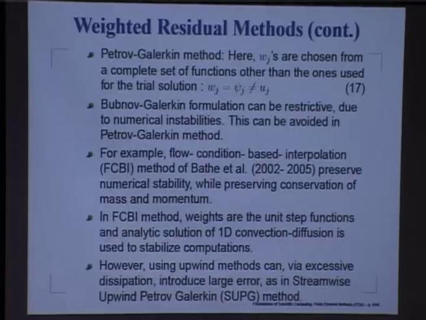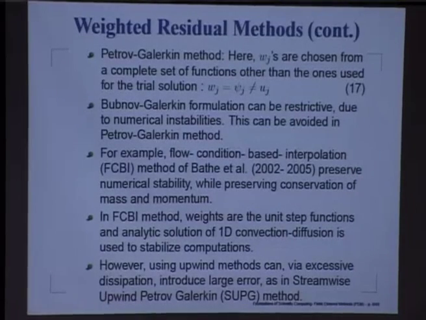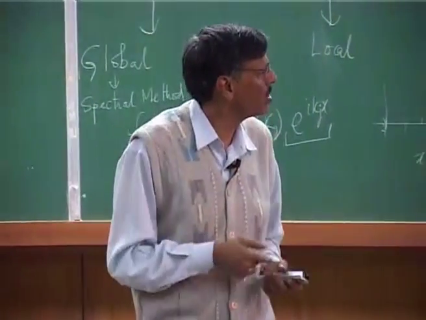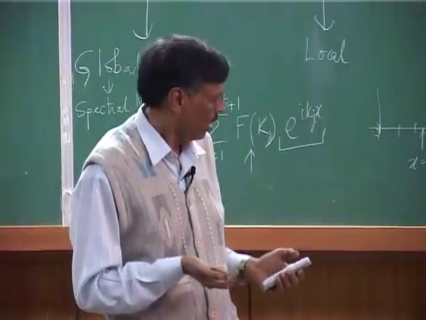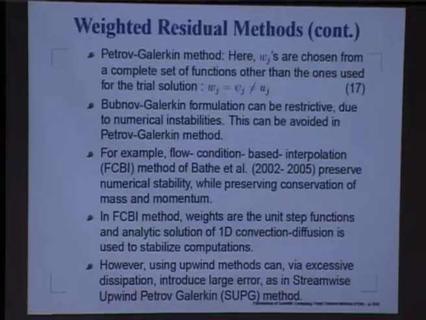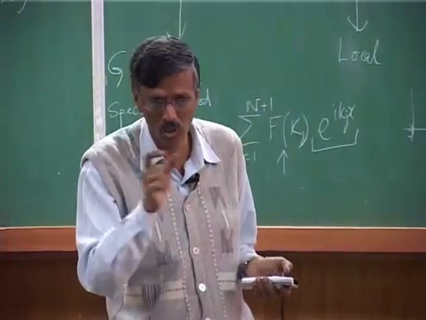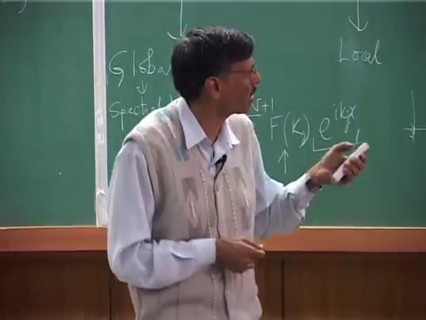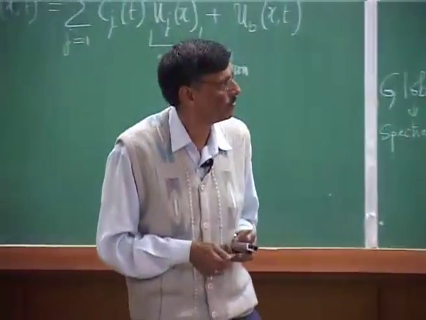Because your intention is to take some kind of local approximation to the basis, whereas you are trying to satisfy the solution residue in some sense, while having a solution process which is as general as possible. So let's not restrict those Wj's to be local polynomials. Let's instead pick them from a complete set of functions. That's what equation 17 suggests.